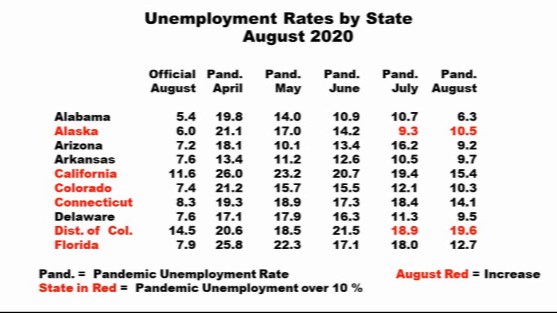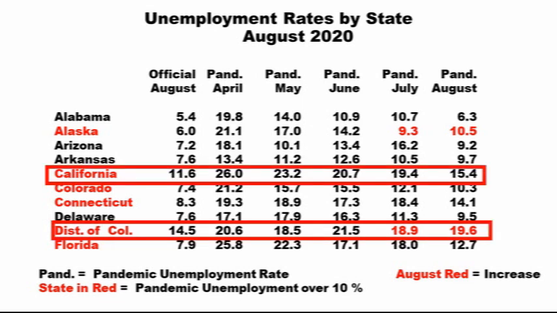The states that are highlighted in red have a pandemic unemployment rate over 10%, and the states that have the August unemployment rate in red have had an increase in the pandemic unemployment rate between July and August.